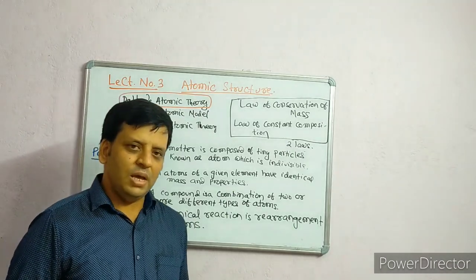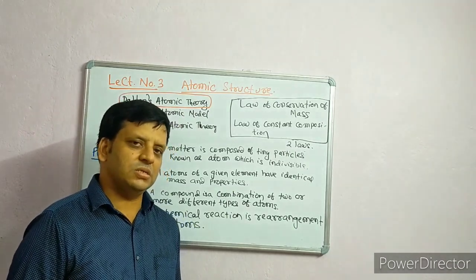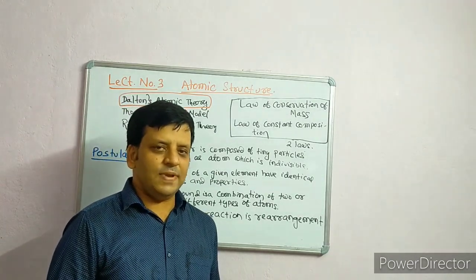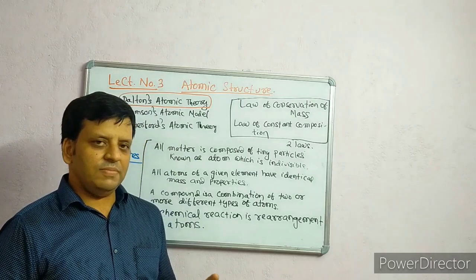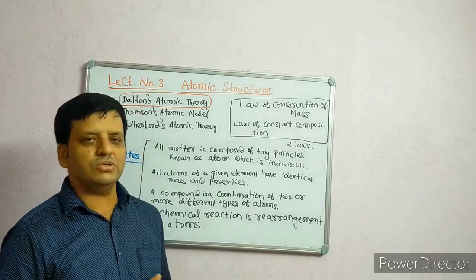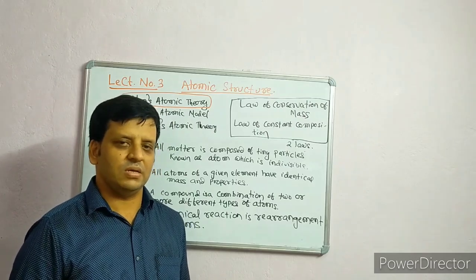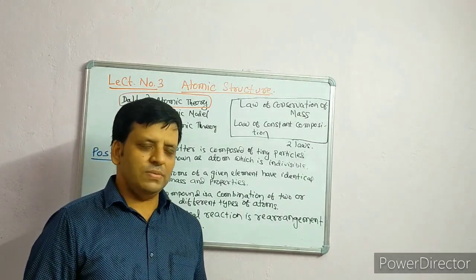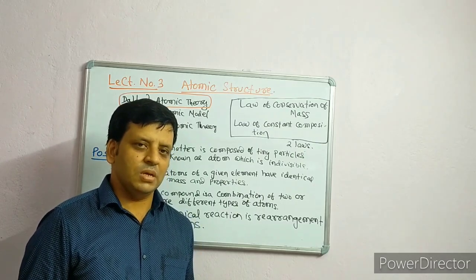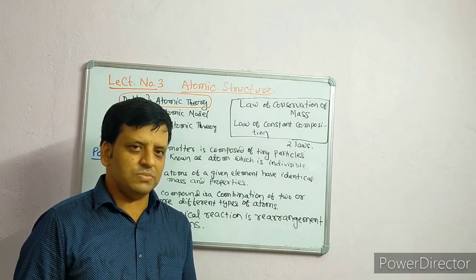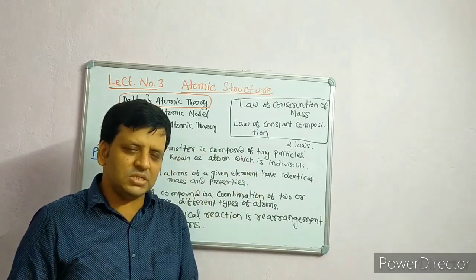So they should have identical mass and properties. In other words, he also tried to explain that if the elements are different, then their mass and properties should be different. So a chlorine atom should be different from a hydrogen atom. There may be some common features or common properties, but the complete set of properties is different.